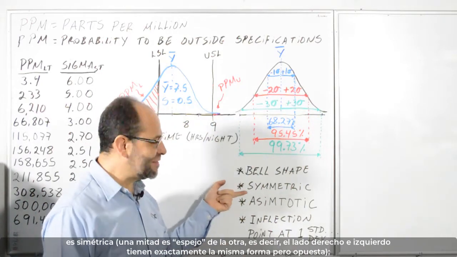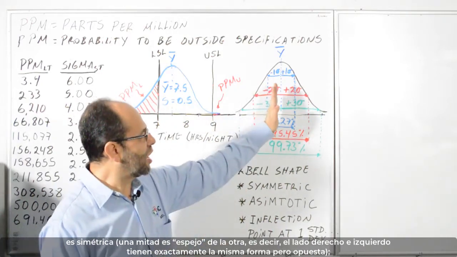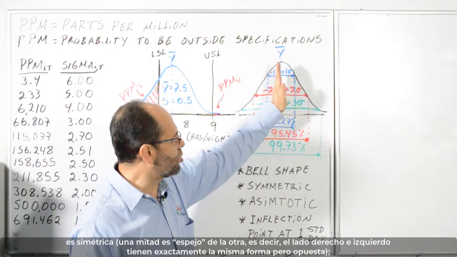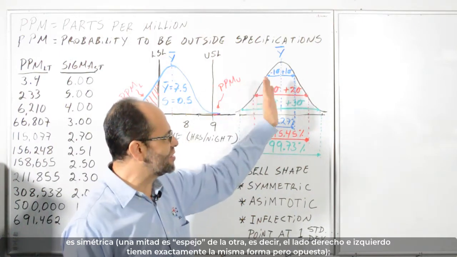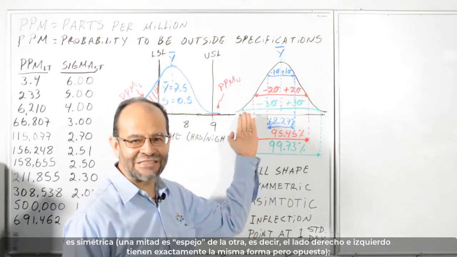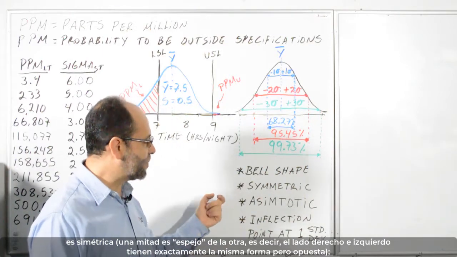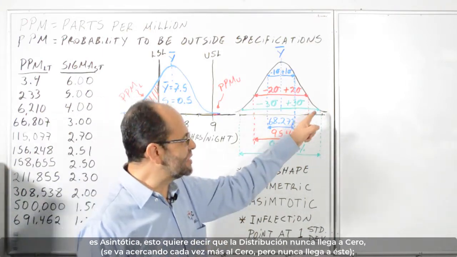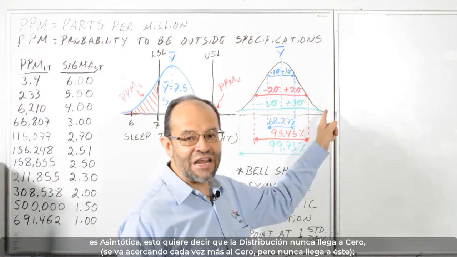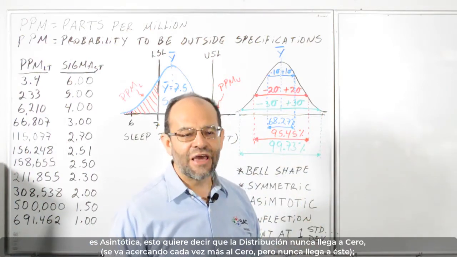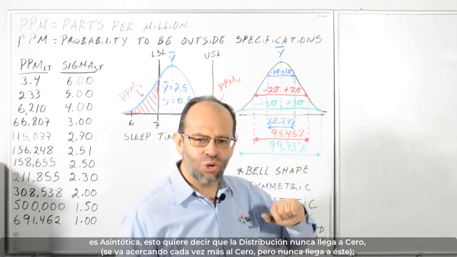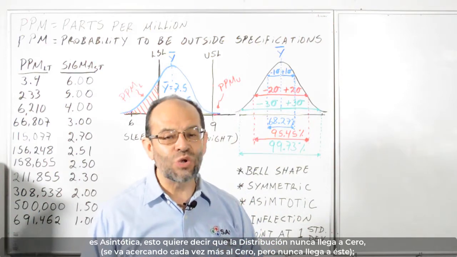Second is that this is symmetric. So this is like a mirror of this other side. The left and the right side, they are both exactly the same shape. They are symmetric. Asymptotic, that means that the distribution never touches zero. It's getting closer and closer and closer to zero, but never will touch zero.